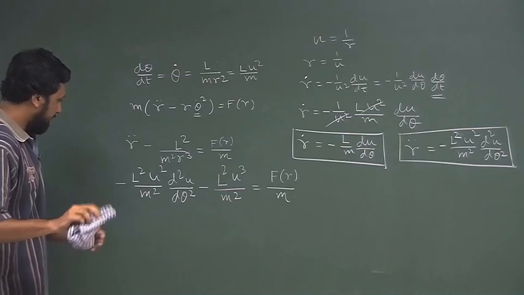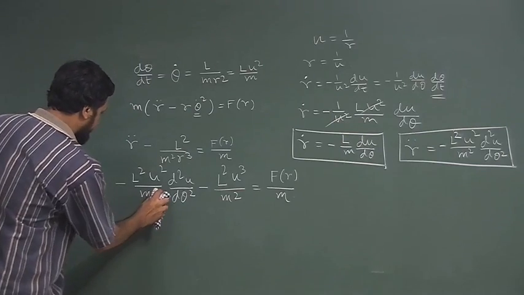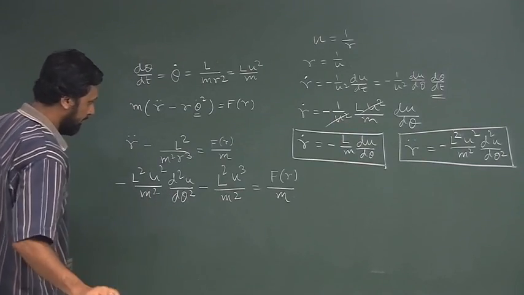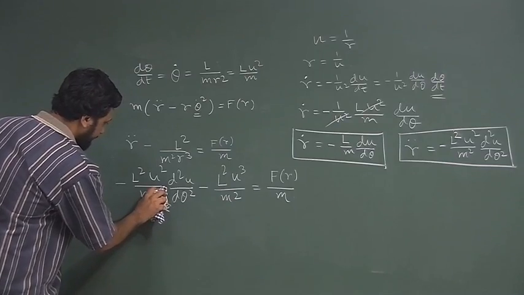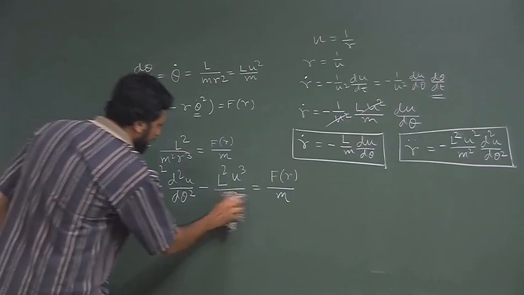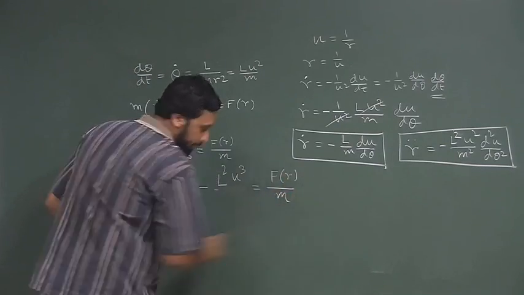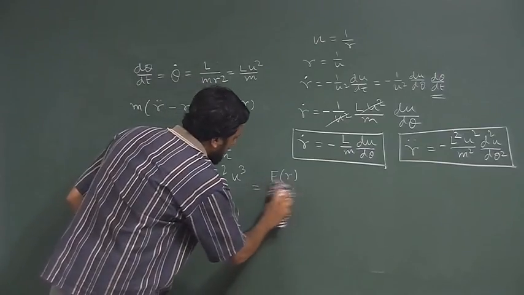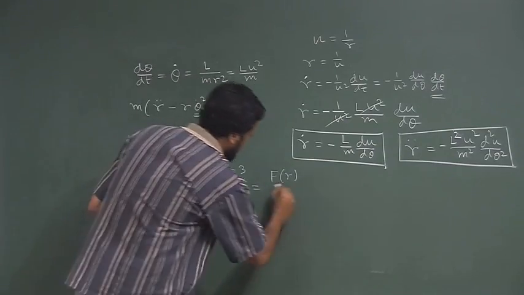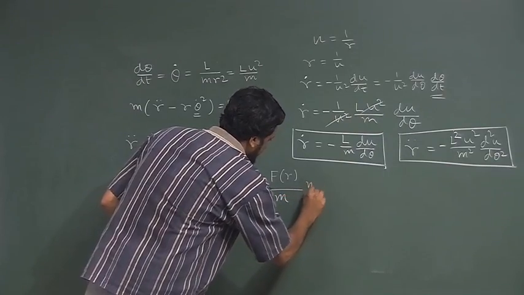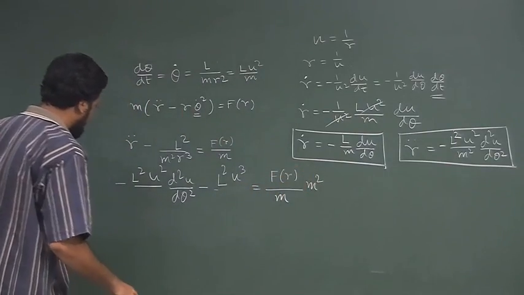So, immediately we see that we can get rid of m square from this side. So, multiply this by m square.